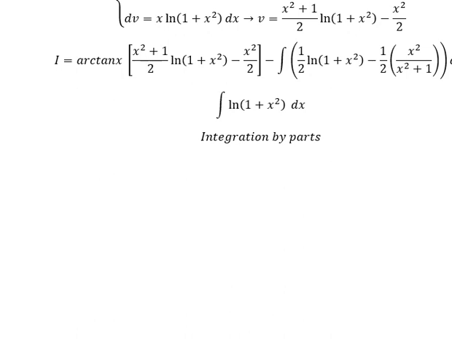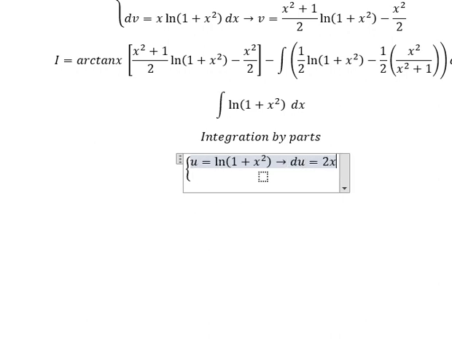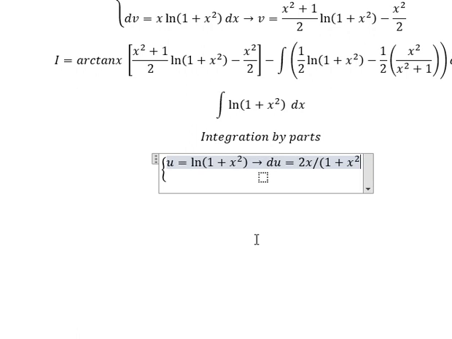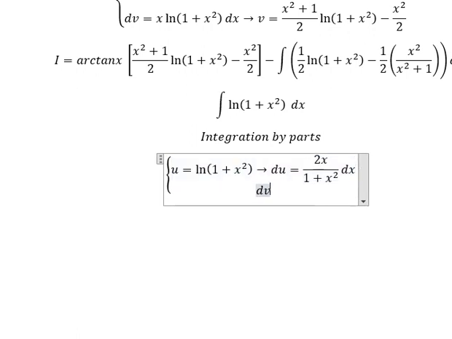So I will put u equals ln of 1 plus s squared. Later we need to first do the derivative for both sides, and we have like this. dv is ds, the integration of this one is v equals s.